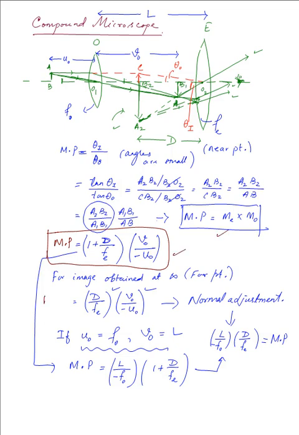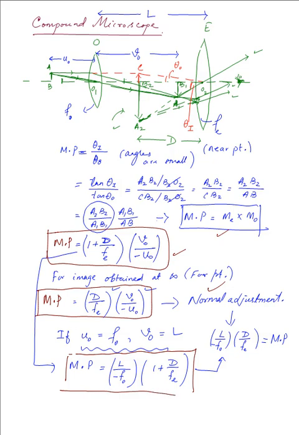We have another one over here, for the normal adjustment. Then we have the case of the object placed at the focal length of the objective. And finally, the case of the normal adjustment when the object is at the focal length of the objective. All of these can be taken into consideration, depending on the case that we take into account.